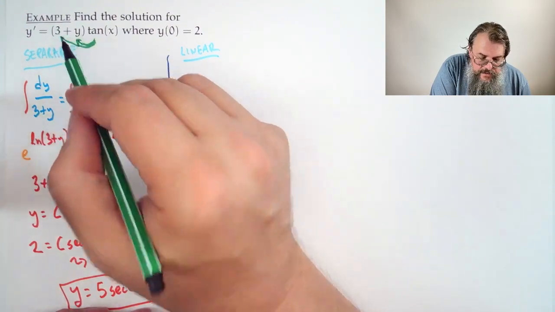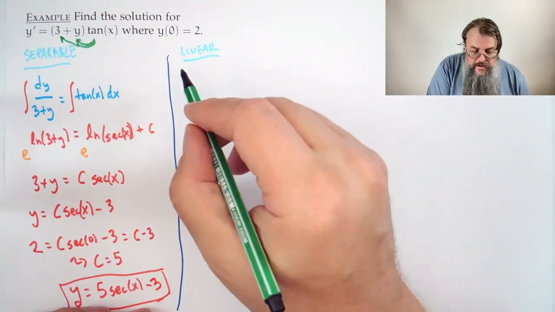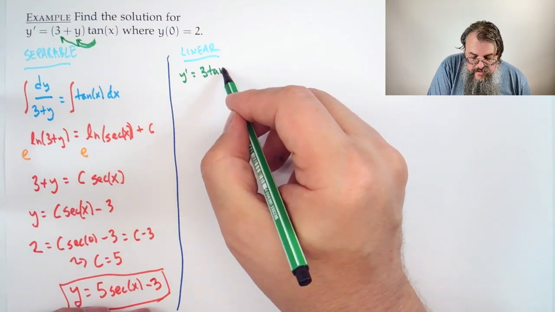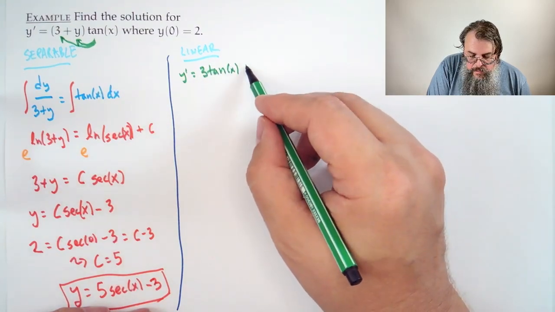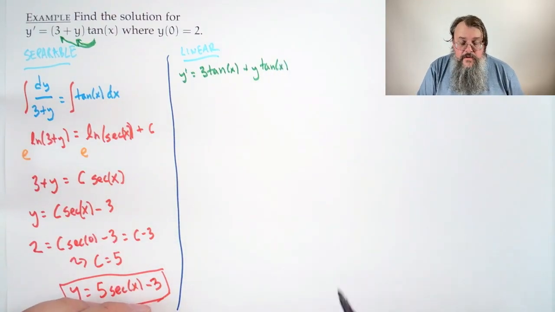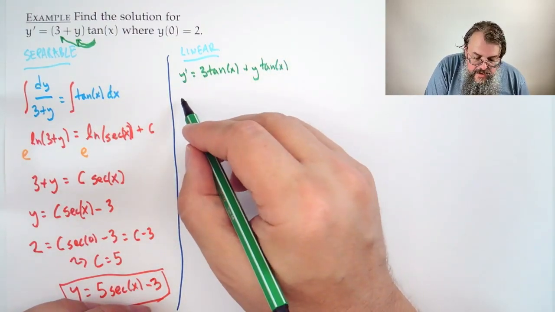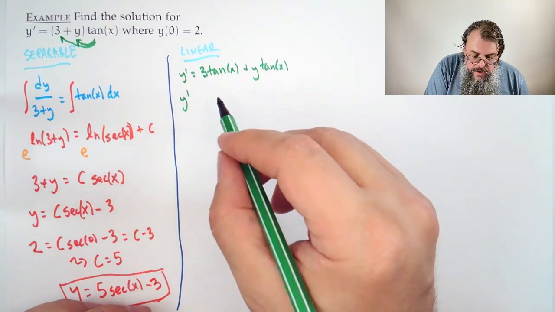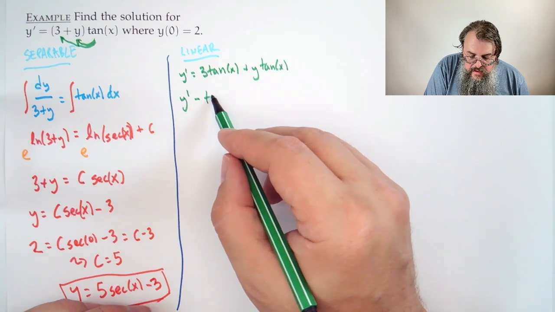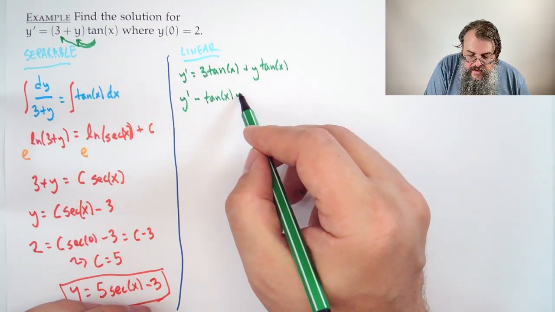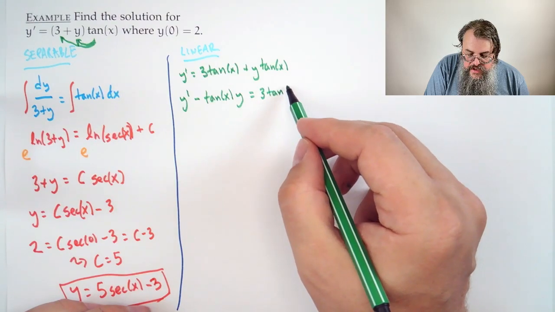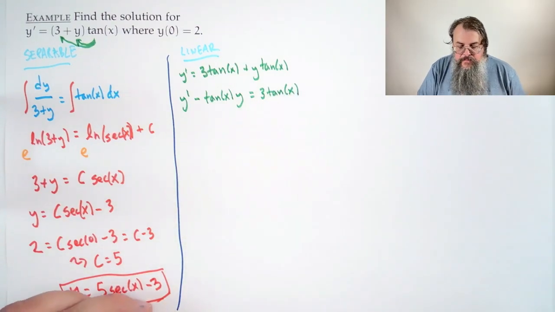So we do some distributing: y prime equals 3 tangent of x plus y tangent of x. And from here we move it across, because we want y prime plus something times y. So y prime minus tangent of x times y equals 3 tangent of x.